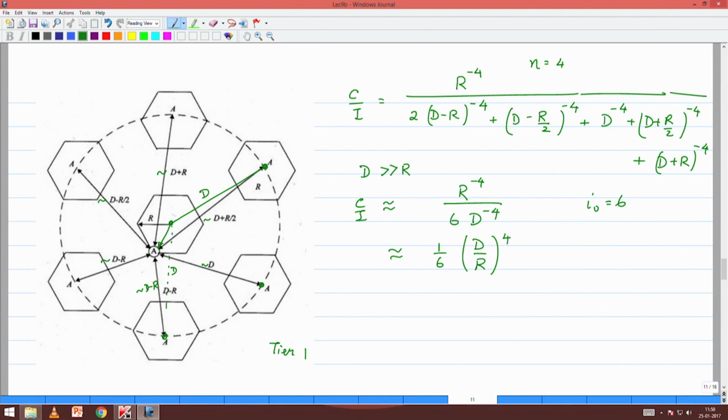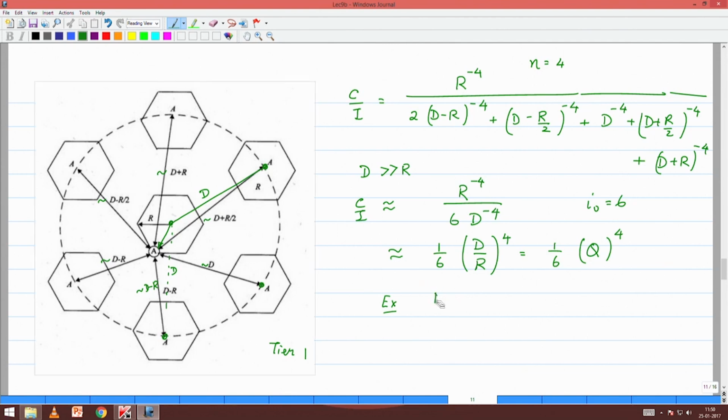Notice D by R is the co-channel reuse ratio. So, this is nothing but 1 by 6 Q raised to the power 4, and this is a quick approximation. This is a way by which we can make a quick estimate of the interference scenarios that we are going to encounter. So, let us look at one quick example, and then we'll close with that, but we'll pick it up from there.